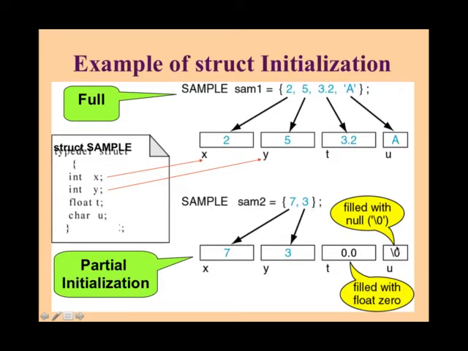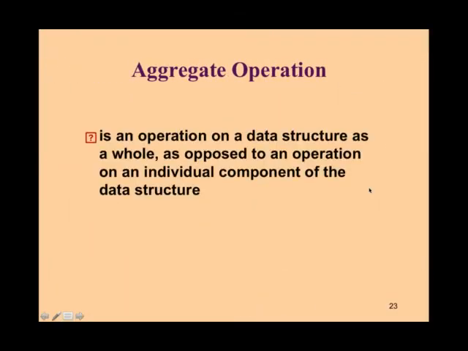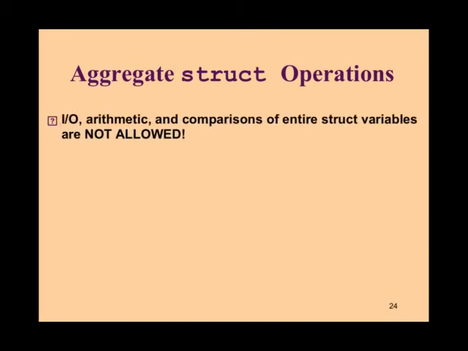Okay, we'll talk about some aggregate operations on the struct. Aggregate operation is an operation on a data structure as a whole, as opposed to operation on individual components of the data structure. So what are the aggregate operations on struct that are allowed or not allowed?